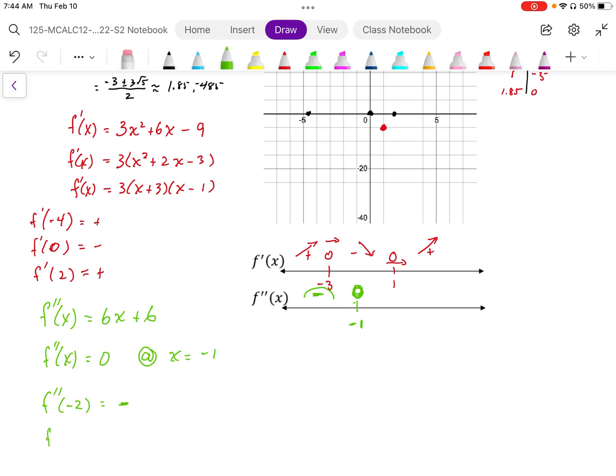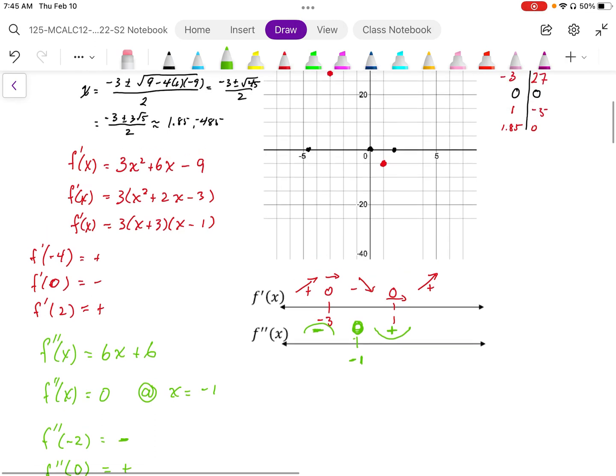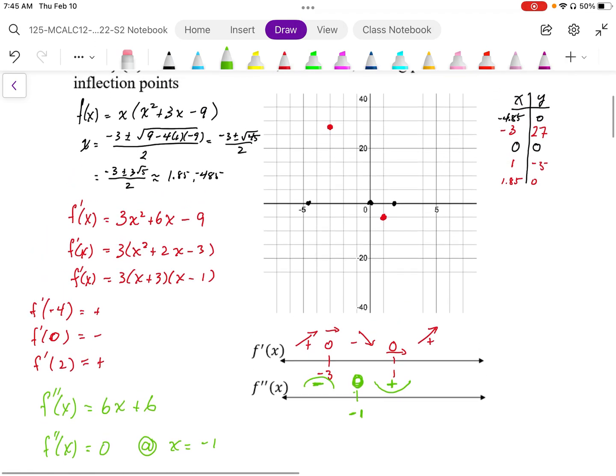And then at f double prime, we're going to choose some point on the right-hand side of negative 1, plug in 0, and we end up with plus 6. So we end up with a positive concavity on this side. And again, our slope chart confirms that, but now we have shown that there is a change in concavity across negative 1. So we know that that must be an inflection point.